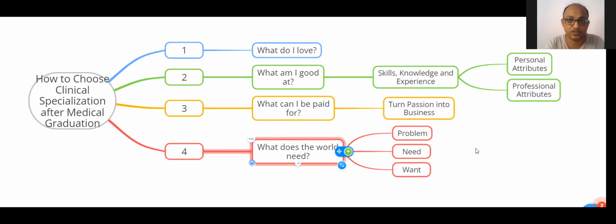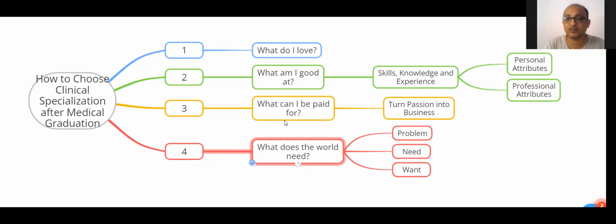This will give you the answer to which clinical specialization you should choose. Because when you have answers matching all these aspects, it is something that is going to stick with you for the rest of your life.